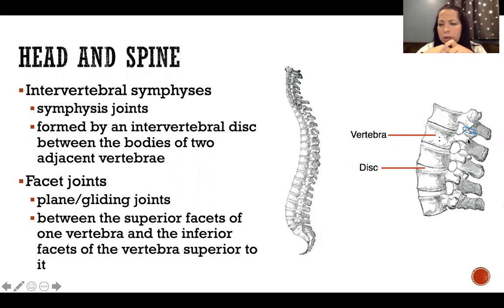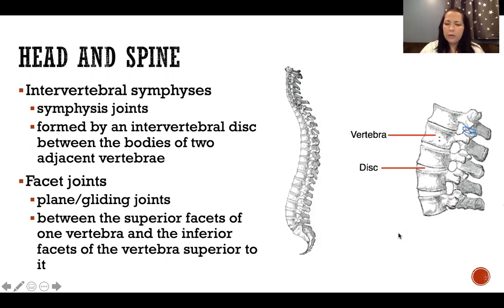So right where I drew that little circle, that is where we have a facet joint between the superior and inferior vertebra. So those are plane or gliding joints. So every vertebra, at least until we get to the very, very top cervical and the very, very bottom, each vertebra participates in 4 facet joints, 2 to its superior and 2 to its inferior.